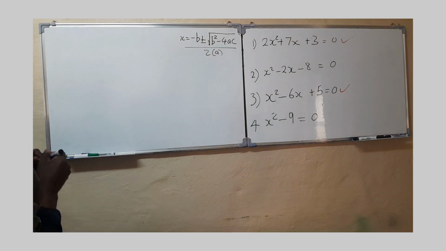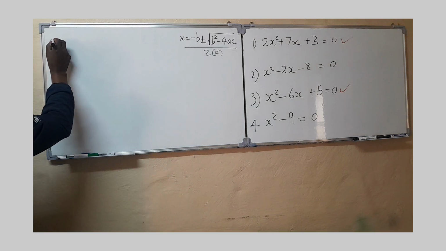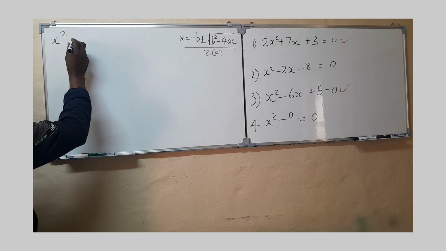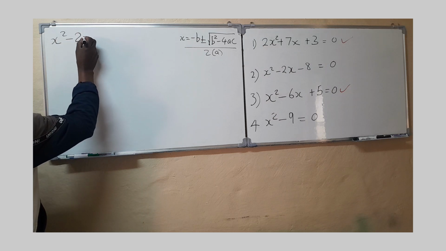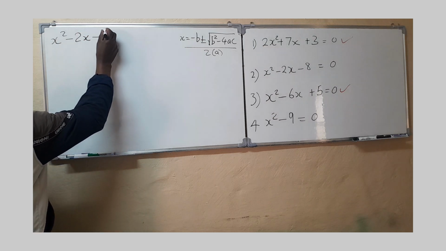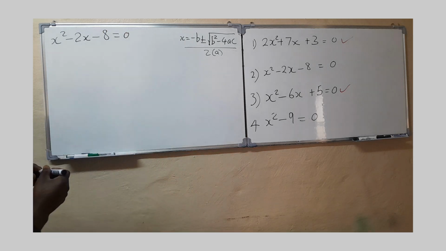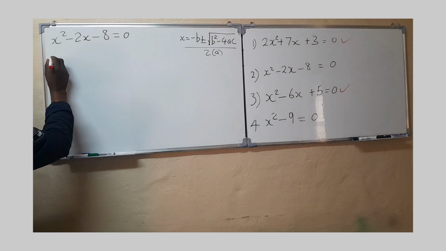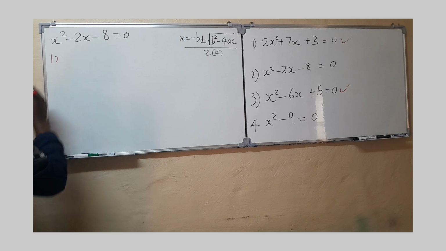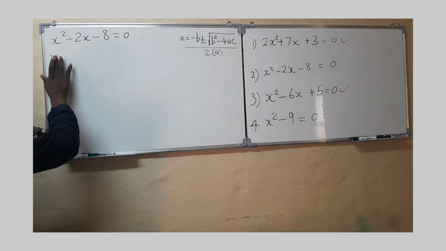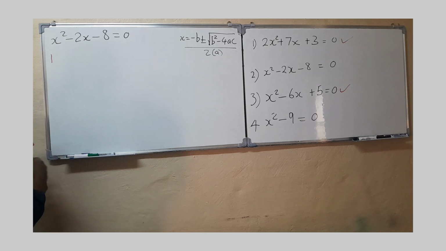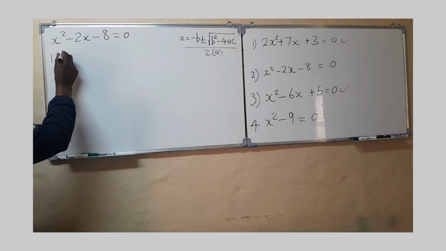So number 2 says x squared minus 2x minus 8 is equal to 0. Again, we will write it the way we wrote all the other equations. Here, 1 is multiplying our x squared.